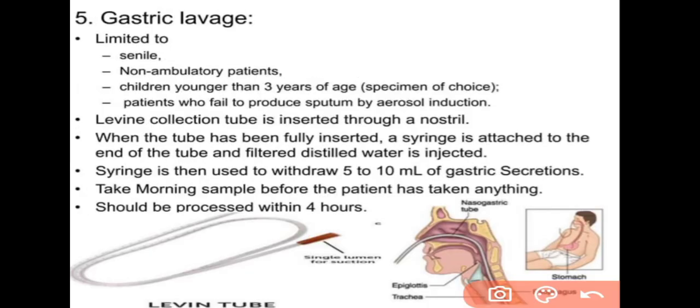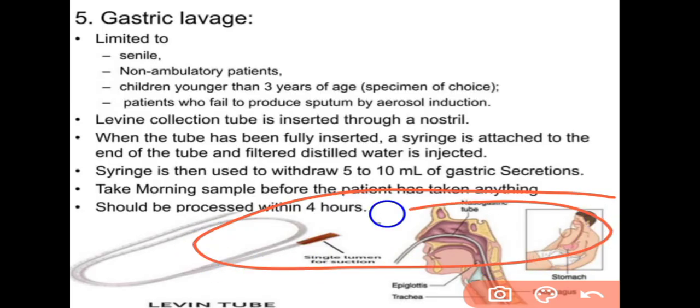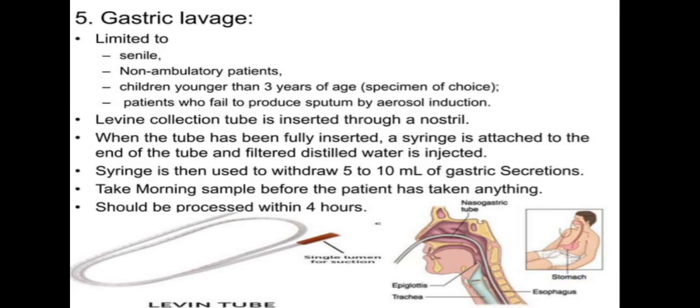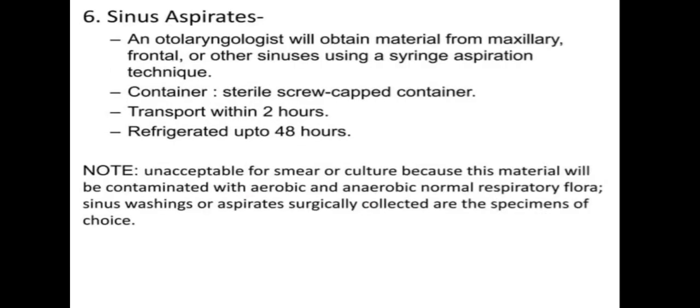Gastric lavage, when some person has taken some poisonous things, or is suffering from food poisoning, this type of gastric lavage is useful. Sinus aspirants are also useful.